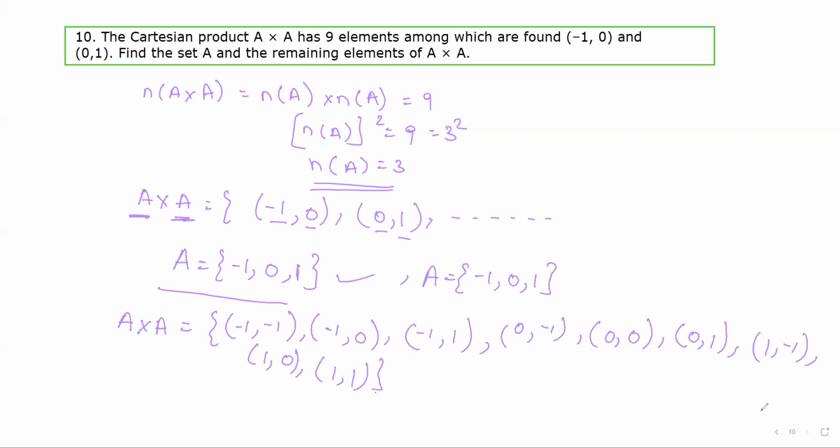So this is A cross A and the remaining elements. This concludes this exercise. Thank you.